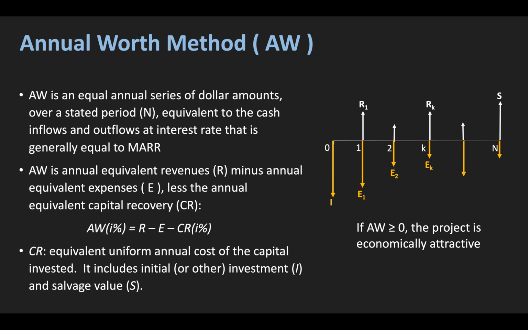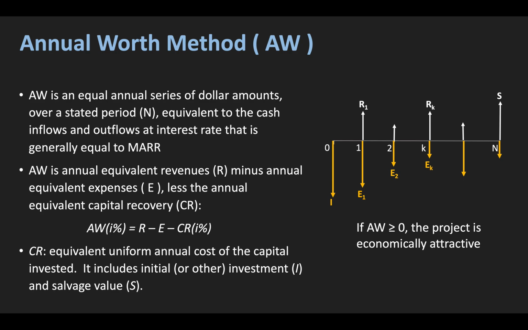Then there's also the annual worth method. The annual worth method is an equal annual series of dollar amount over a standard period, equivalent to the cash inflows and outflows at an interest rate that is generally equal to MARR.